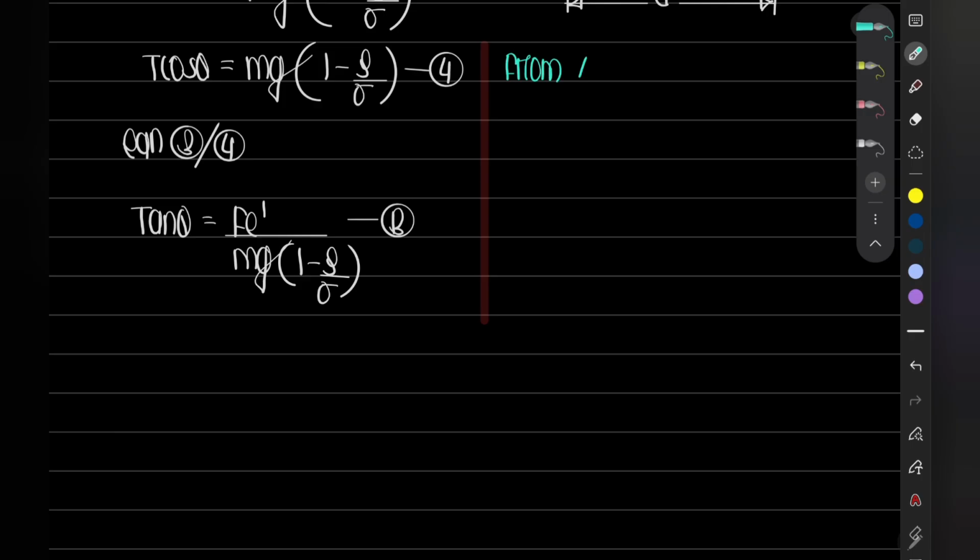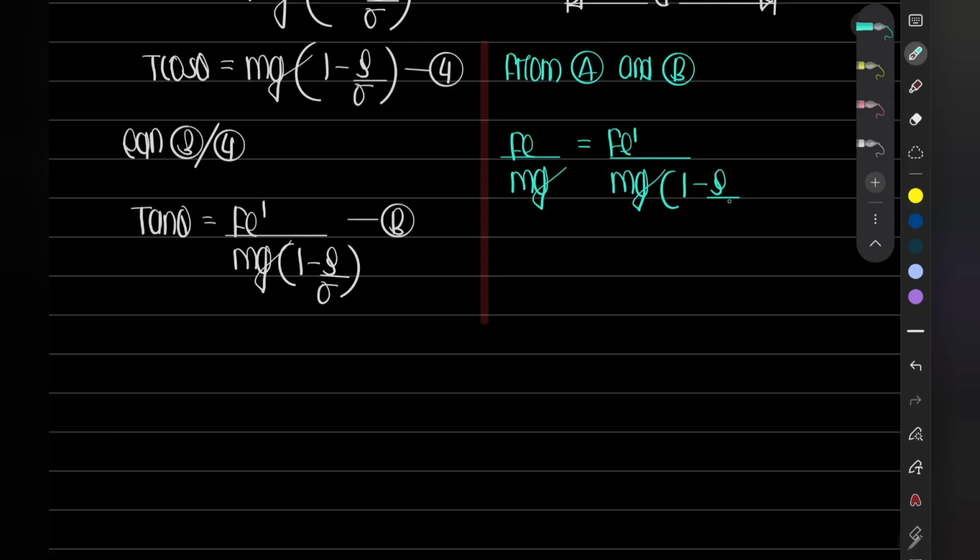From equation A and B, if we try to write the left hand side, we will have Fe by mg. On the right hand side, we will have Fe dash upon mg into 1 minus rho by sigma.